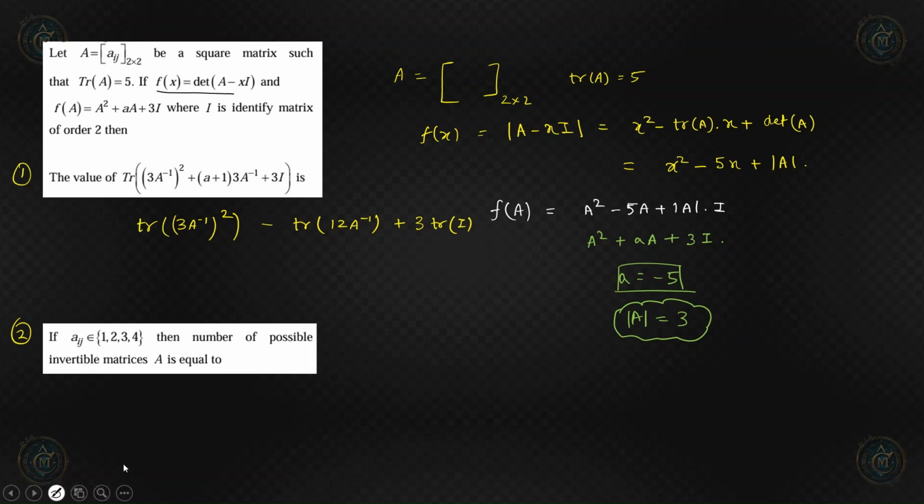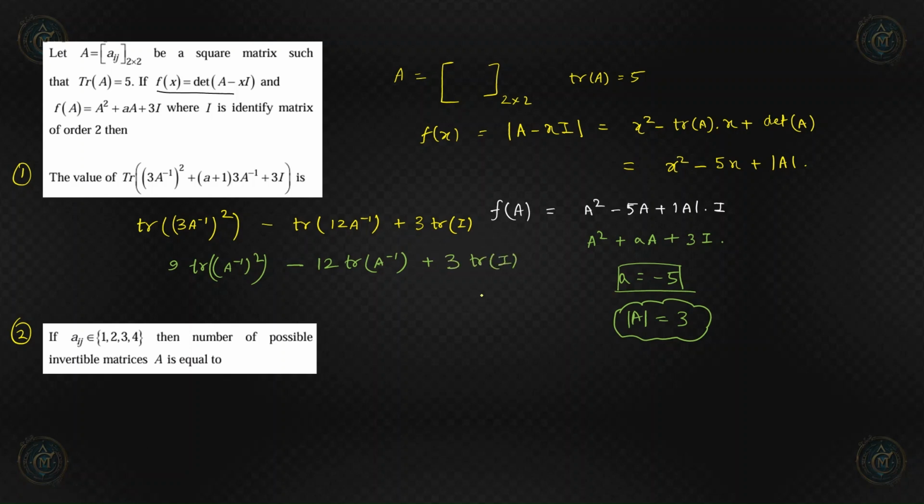We know trace of k times any matrix is k times trace of that matrix, where k is a scalar, so we can pull out this 3 square, which is 9. So 9 times trace of a inverse whole square, minus 12 times trace of a inverse, plus 3 times trace of the identity matrix.